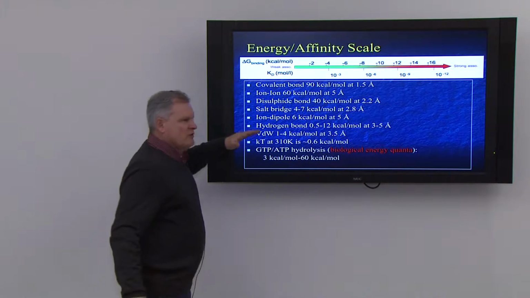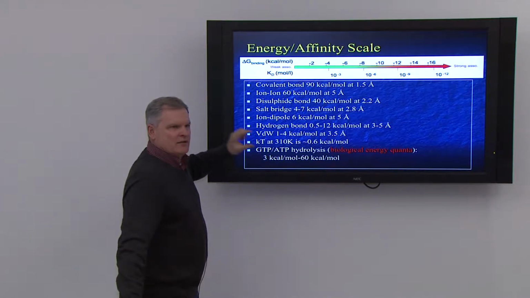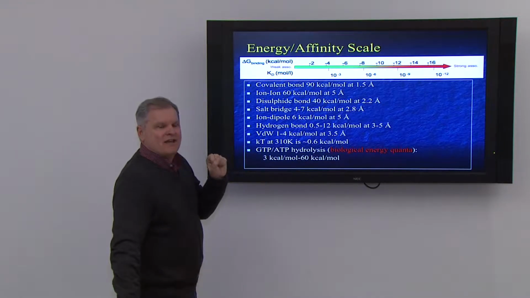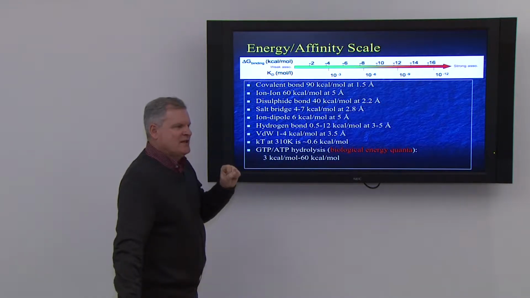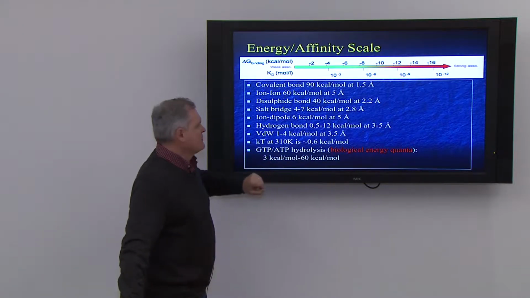So you can compare it on the energy scale to something called kT, the unit of thermal energy. This is per degree of freedom. So anything that has the ability to move or rotate has that much energy for free due to the surroundings constantly bombarding it and giving it that kick. So that's 0.6 kilocalories per mole.